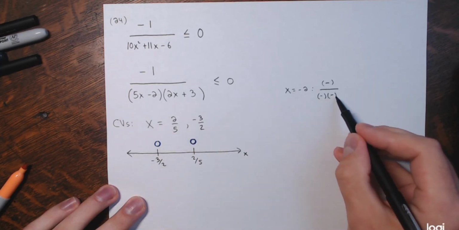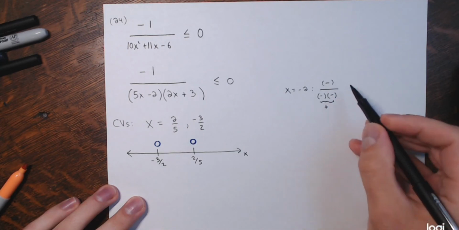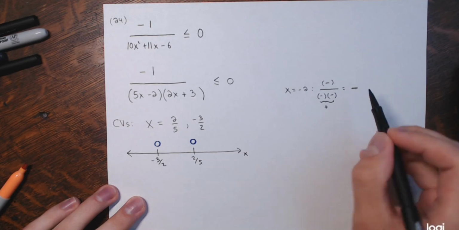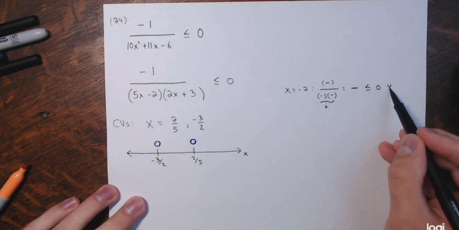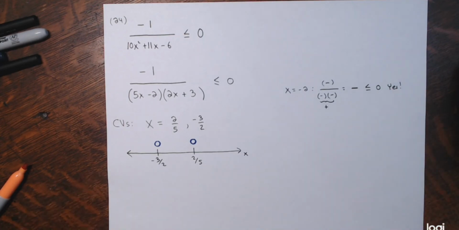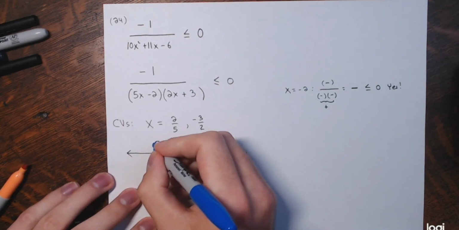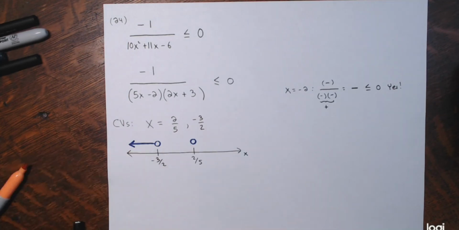If x were negative 2. So you have a negative numerator, and you'd have a positive denominator, making this a negative number on the left side. And is that less than or equal to 0? Yes, it is. A negative number would be less than or equal to 0. So these numbers to the left of negative 3/2 are solutions, and I marked that on my graph. A little arrow there.